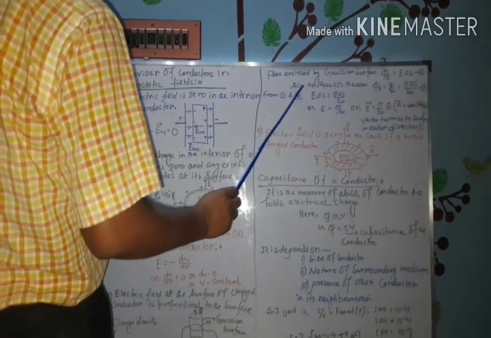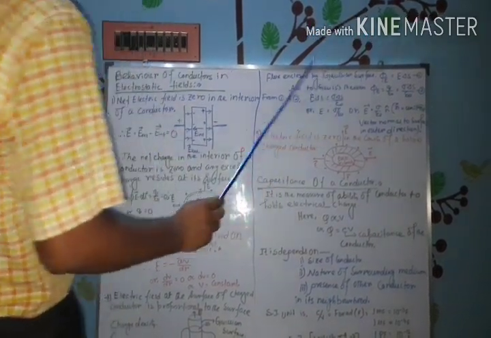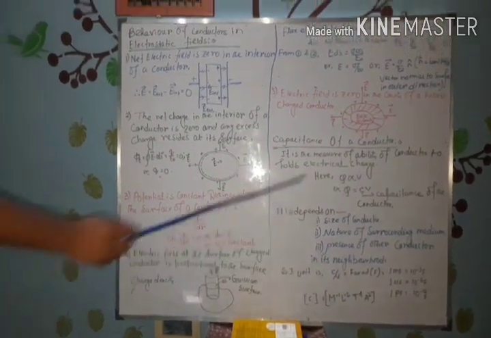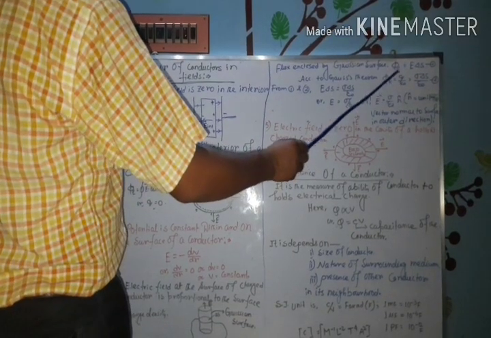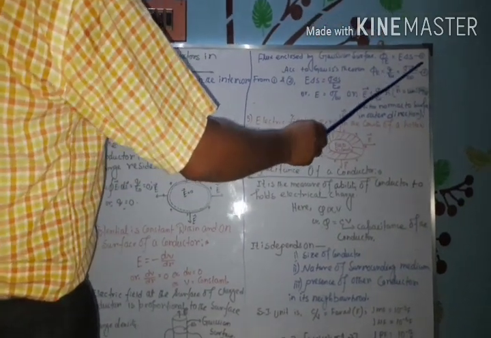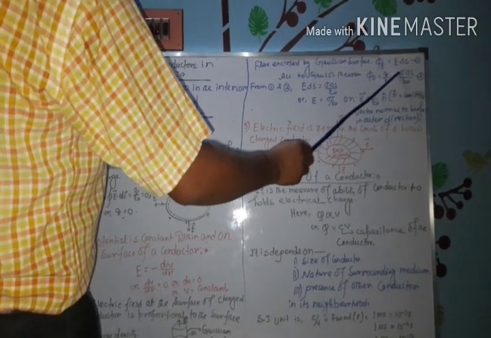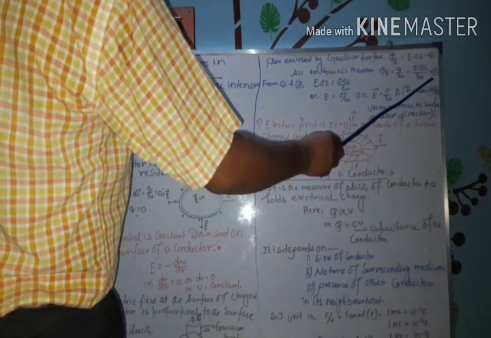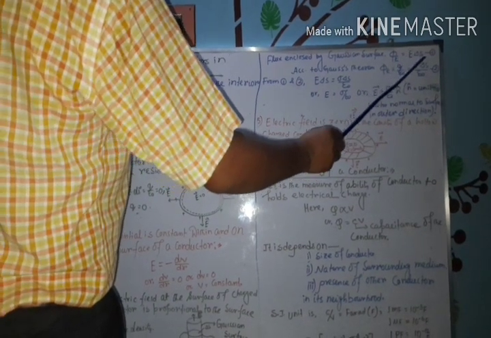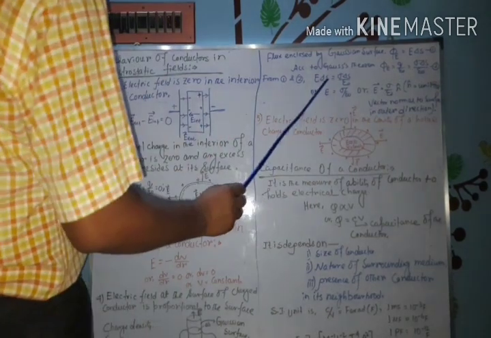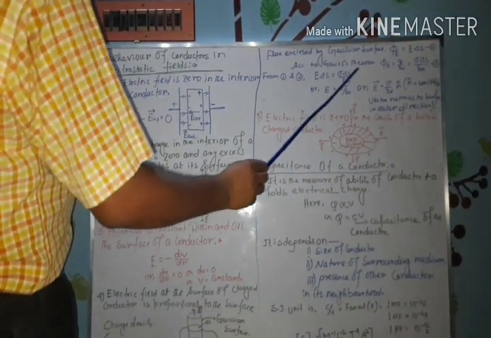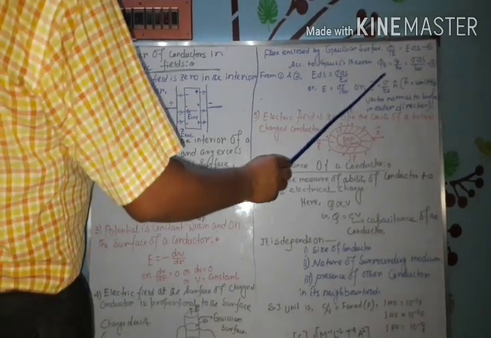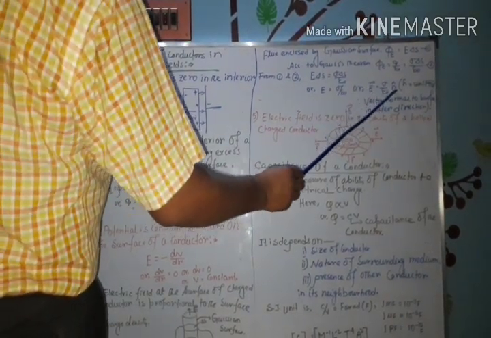According to Gauss theorem, for the charge enclosed by this pillbox Gaussian surface, phi equals q by epsilon naught, where q equals sigma into delta S, where sigma is the surface charge density. Now from equations 1 and 2, we can write E delta S equals sigma delta S by epsilon naught. So delta S cancels. So E equals sigma by epsilon naught, or E vector equals sigma by epsilon naught into n cap.